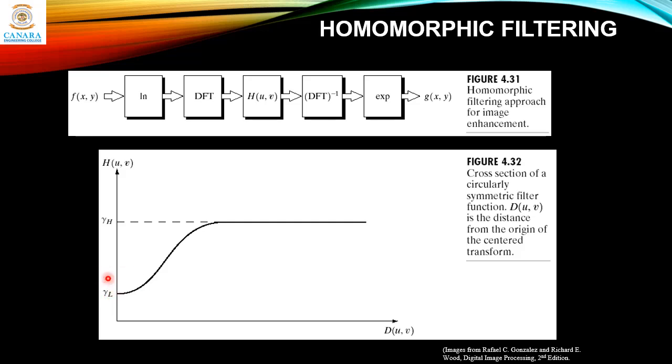If the parameters gamma L and gamma H are chosen such that gamma L is less than 1 and gamma H is greater than 1, the filter function tends to decrease the contribution made by the low frequencies and amplify the contribution made by the high frequencies. The net result is simultaneous dynamic range compression and contrast enhancement.